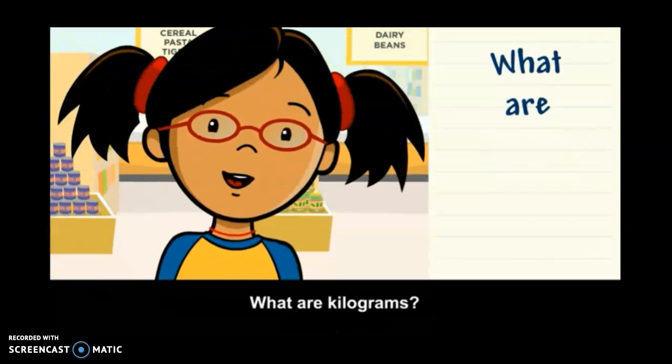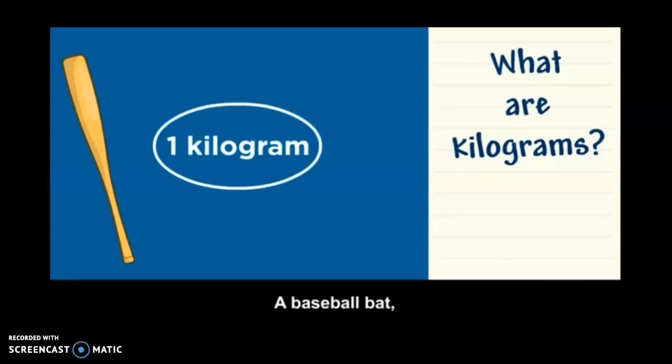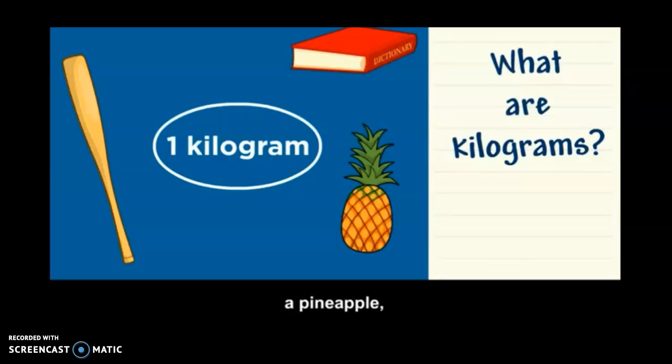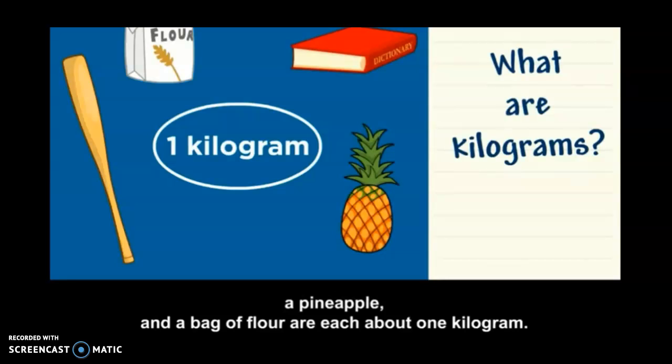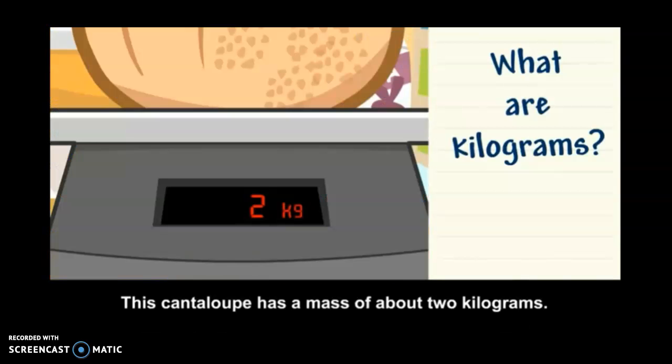What are kilograms? 1 kilogram is equal to 1,000 grams. A baseball bat, a dictionary, a pineapple, and a bag of flour are each about 1 kilogram. This cantaloupe has a mass of about 2 kilograms.